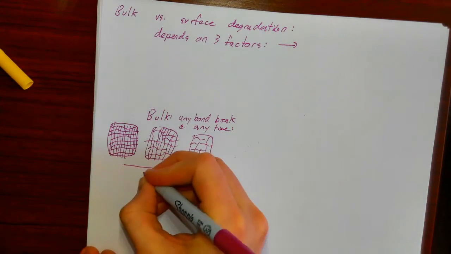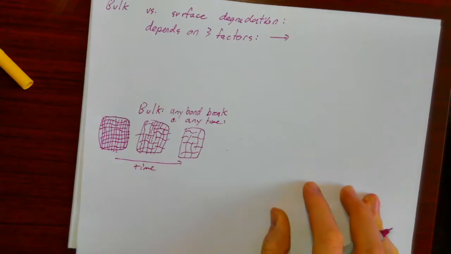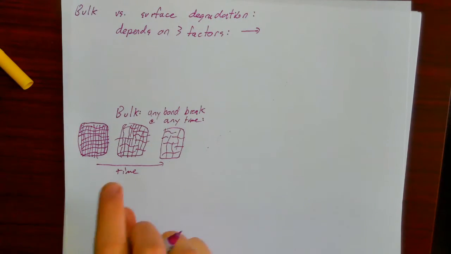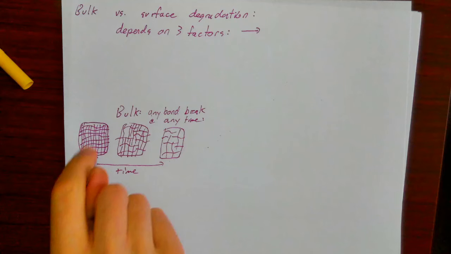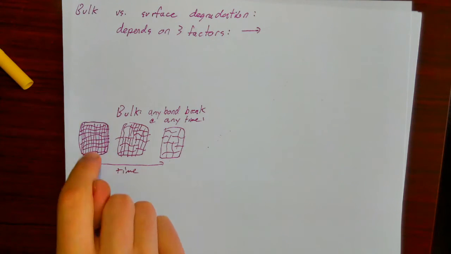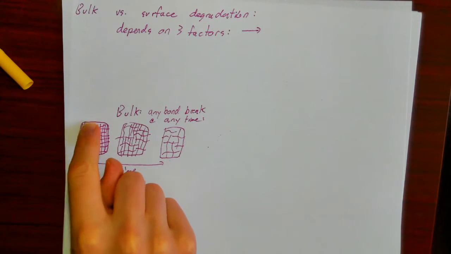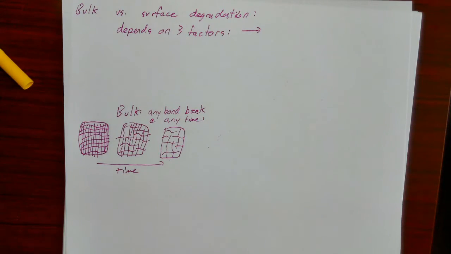So what does this mean? This means water can diffuse very freely through the structure and has an equal likelihood of attacking any of these bonds at any time.